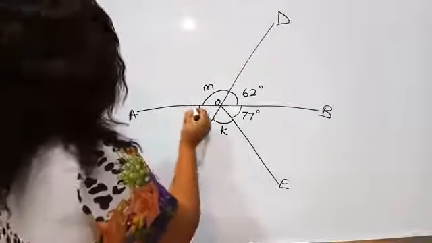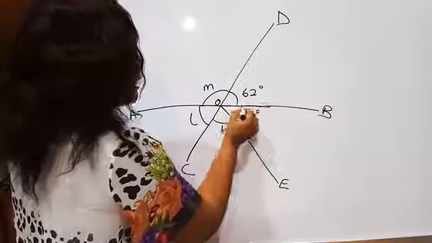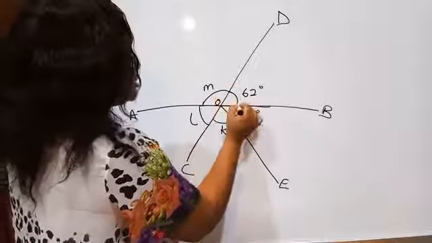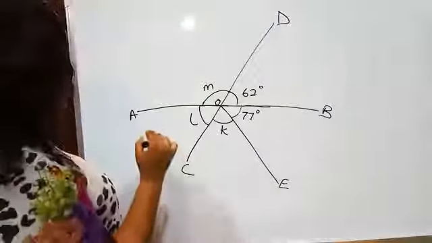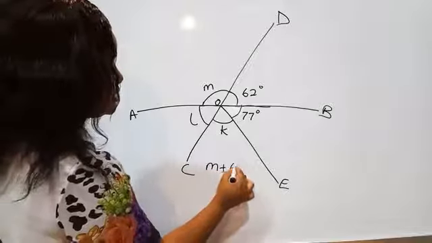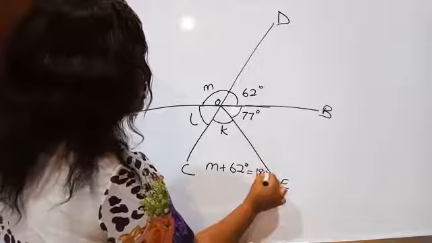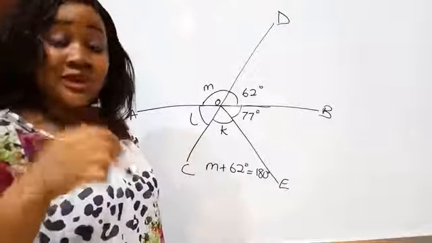Now we can say AB is a straight line. So it means that this angle, this plus this, should give us 180 degrees. So now we have m plus 62 degrees equals 180 degrees. Please, you have to be writing your reasons. You can't just state things without giving reasons.